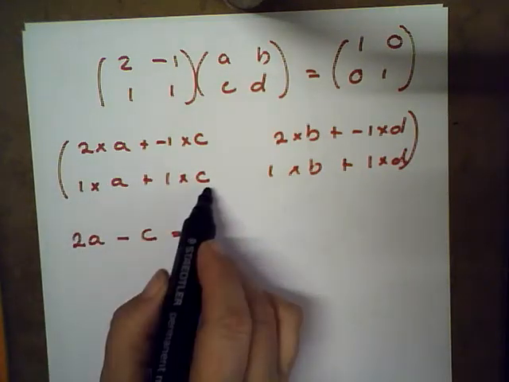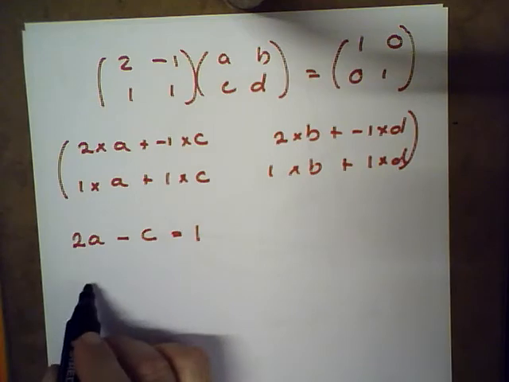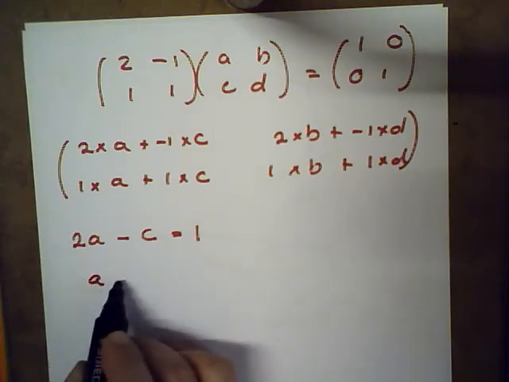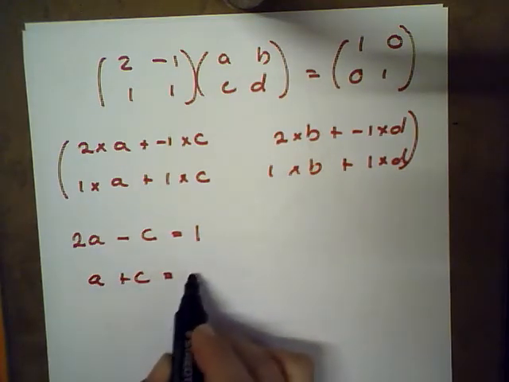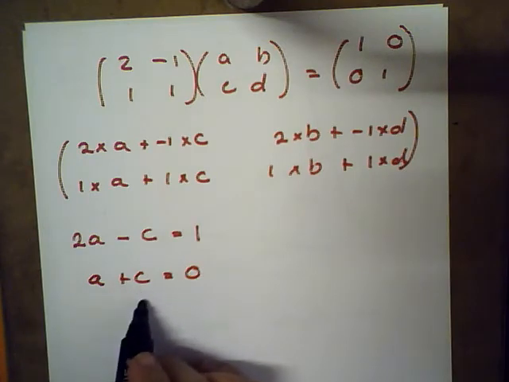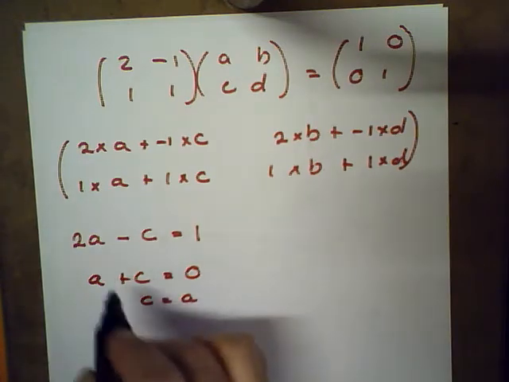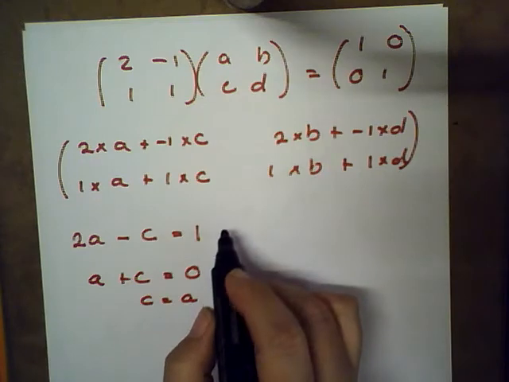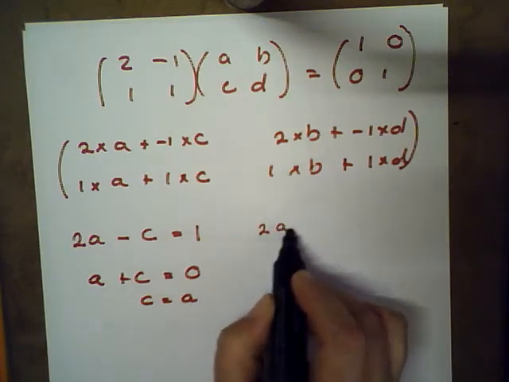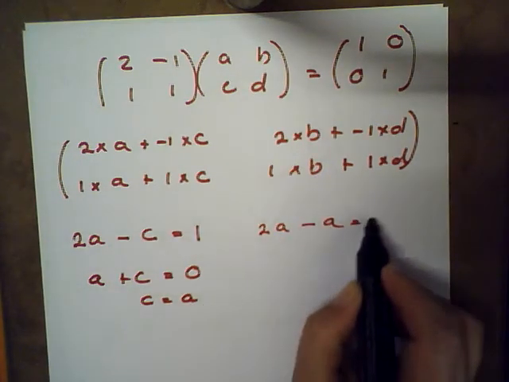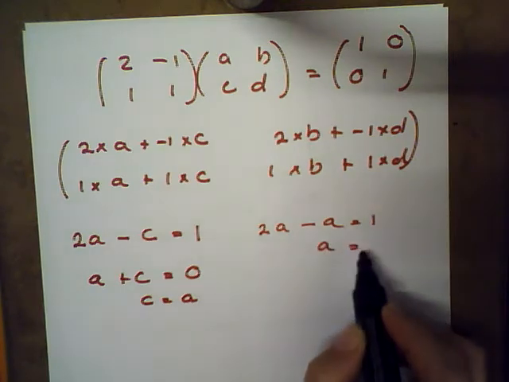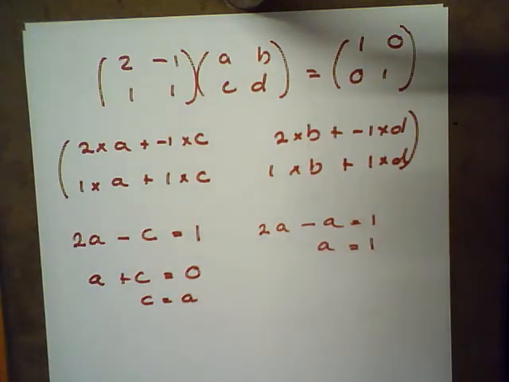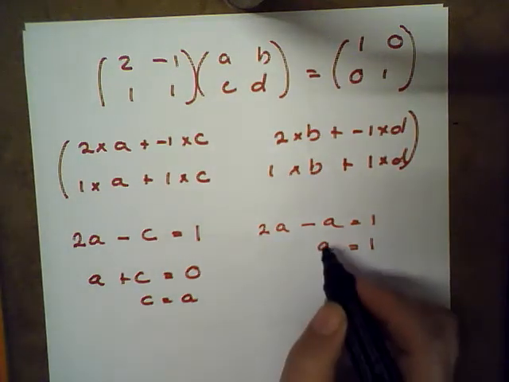This is also in terms of a's and c's, so let's do that one first. a plus c equals 0. So I can see here that c would be equal to negative a, and substitute that therein. So 2a minus a would be 1. So a would be 1. Okay, are we ready there? Did I do it correctly? No, I didn't.